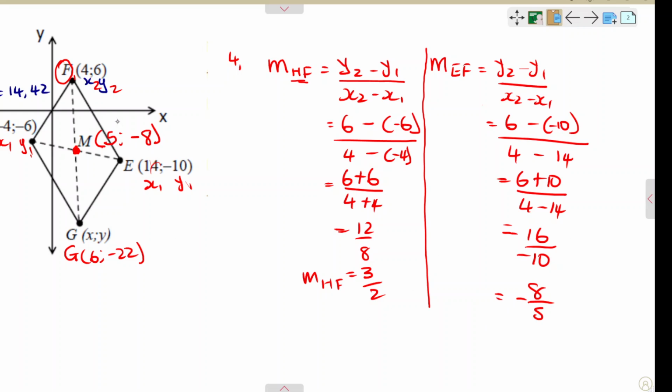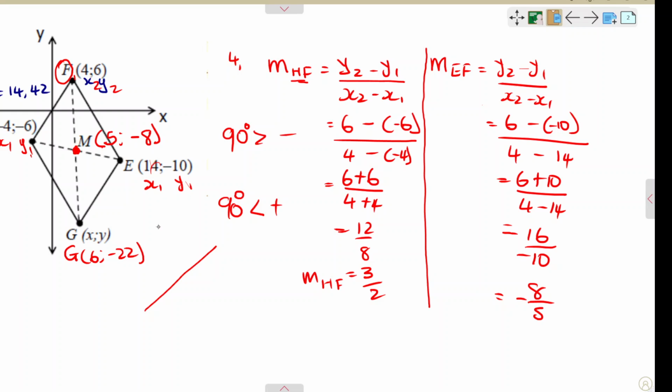Now, look at these two gradients. We said if the gradient is towards the less angles, the angles less than 90 degrees, that gradient is positive. But if the slope is looking at the angles that are greater than 90, then that gradient is negative.